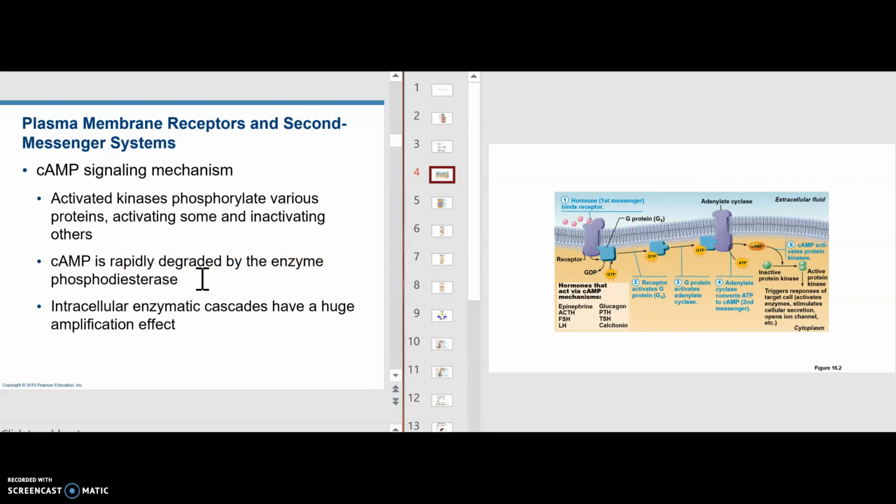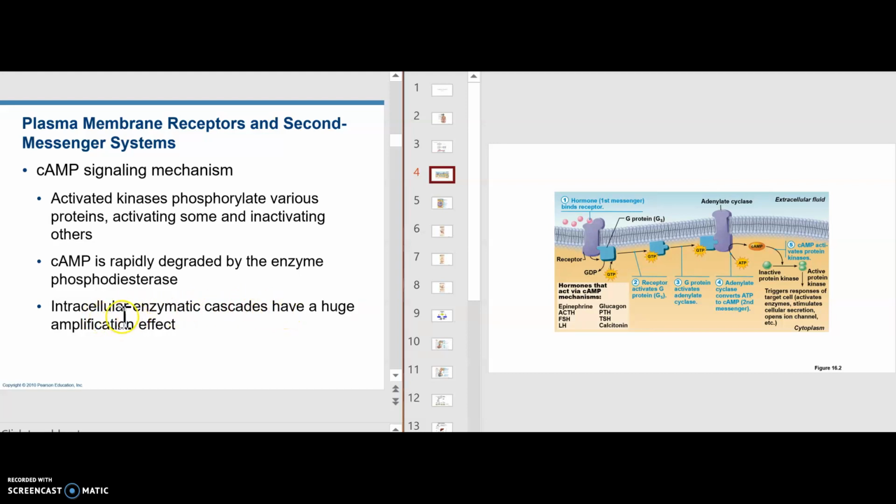So phosphodiesterase degrades cyclic AMP, and adenylate cyclase forms it from ATP. The intracellular cascade is one that I alluded to, a geometric progression in which the reaction becomes larger as it goes along. It's an amplification process.